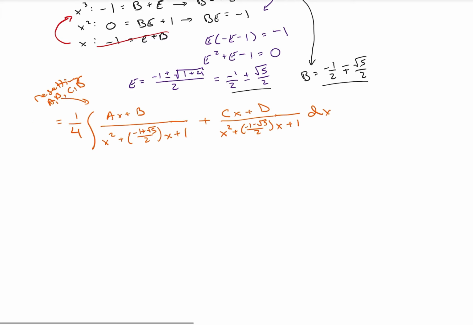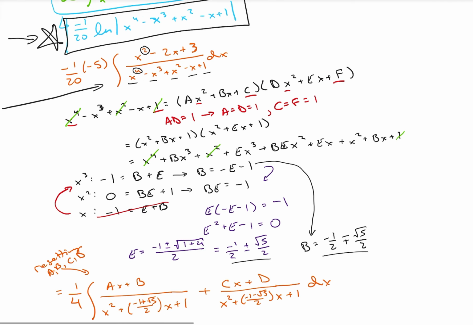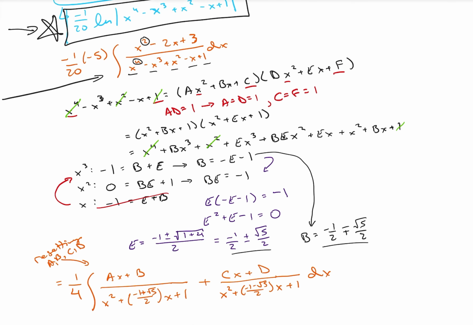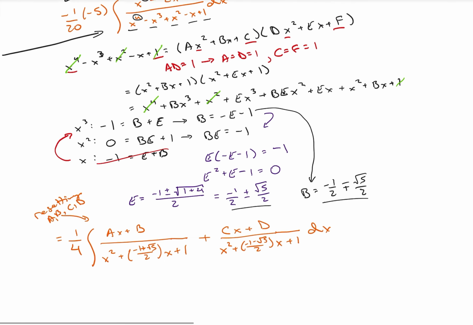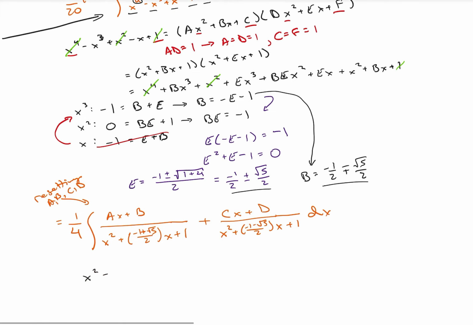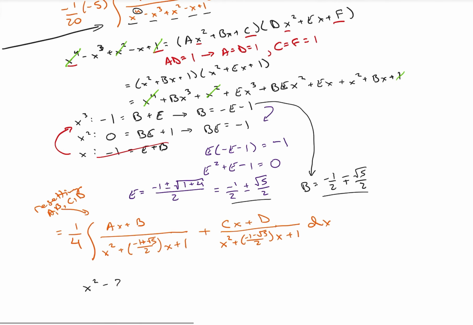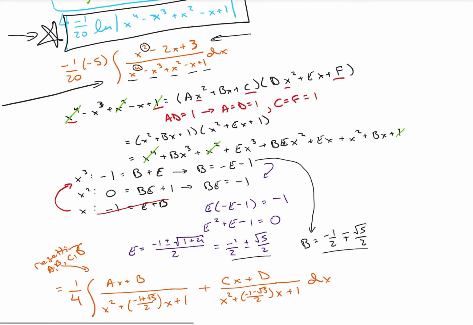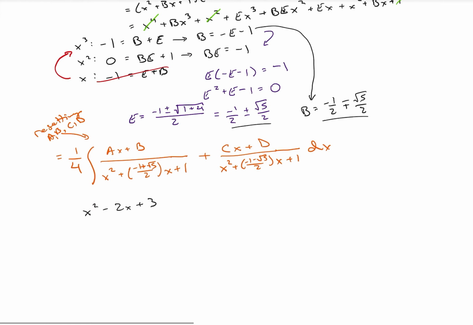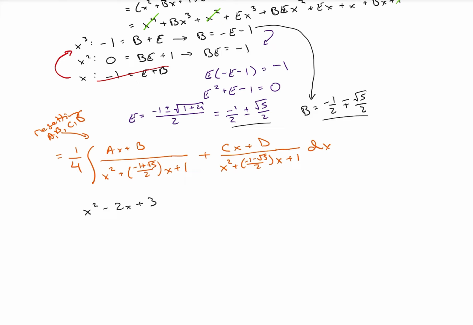So on my left, I have, remember I'm going to pull it down from up here, x squared minus 2x plus 3 was my original term. So let's look at my x cubed terms, sorry.